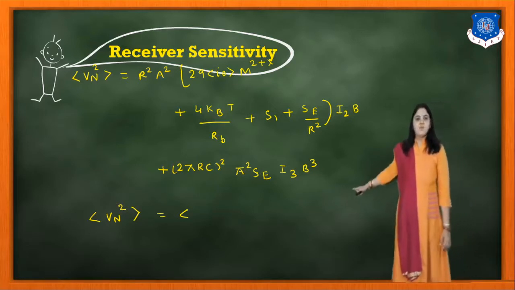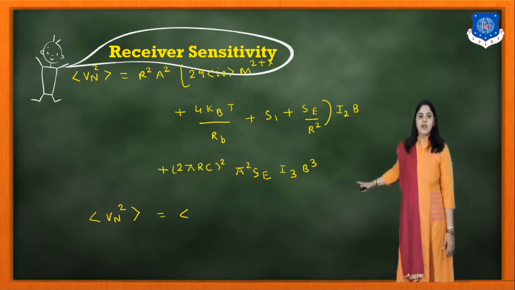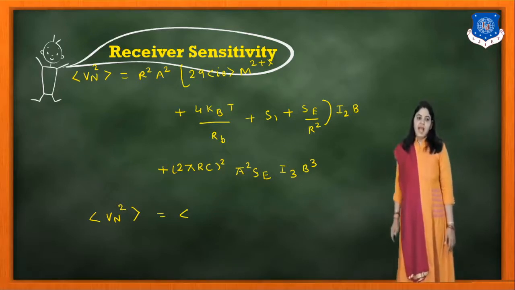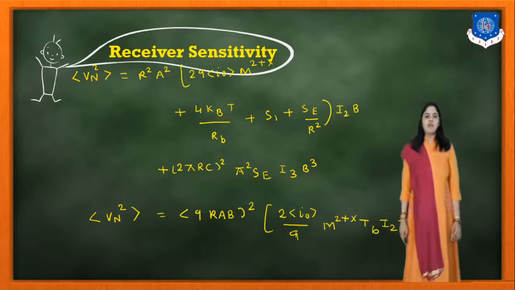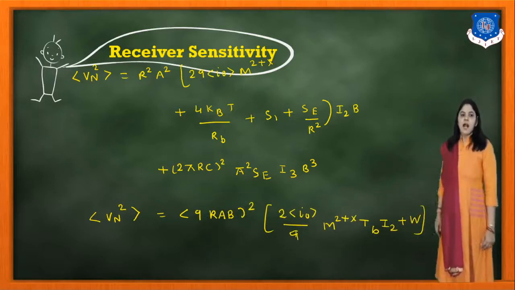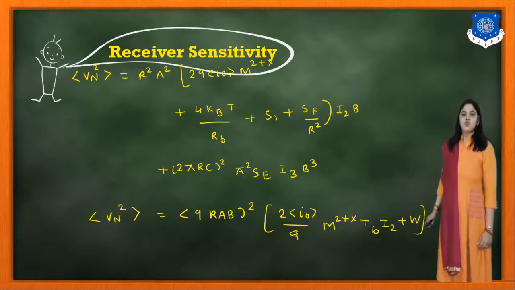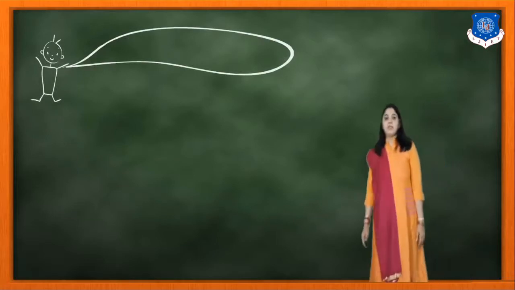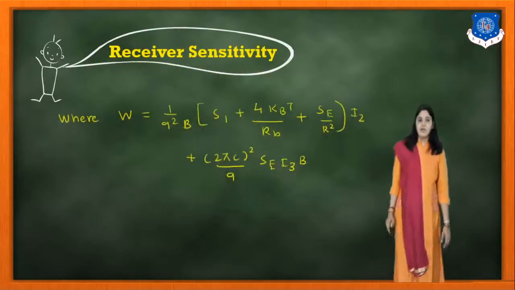So it is equal plus 2πRC², π²SE I3 B³, and therefore the Vn², that is equal to the q RAB² into 2I0 upon qM raised to 2 plus X TB I2 plus W. So this is the value for the mean square noise current.